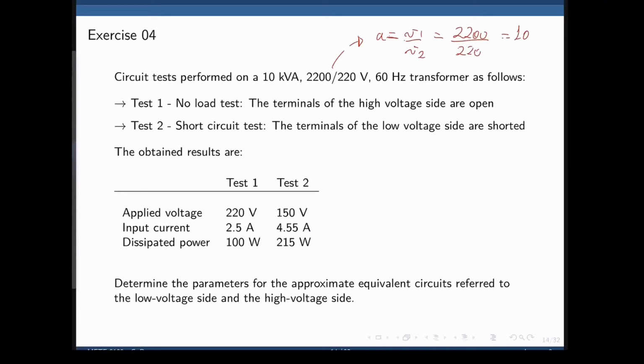That's what allows us to neglect a parallel branch, because the current flowing there is negligible compared to the current flowing from the source to the secondary. You're again interested in the same equivalent portions of the circuit, but now as seen by the secondary. We're just doing it the other way around.